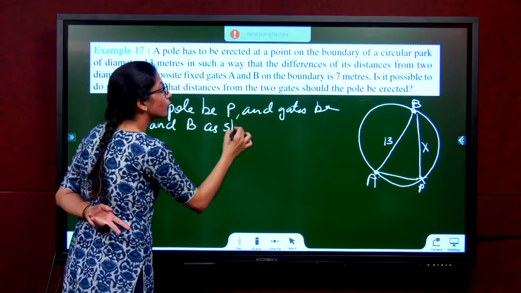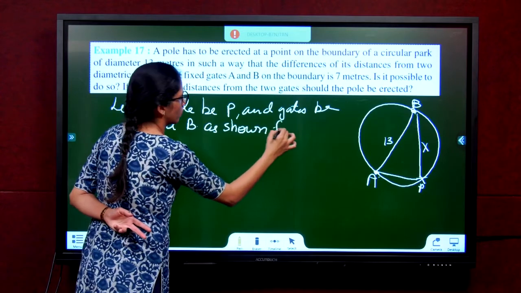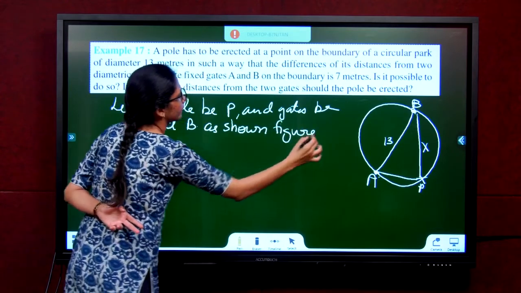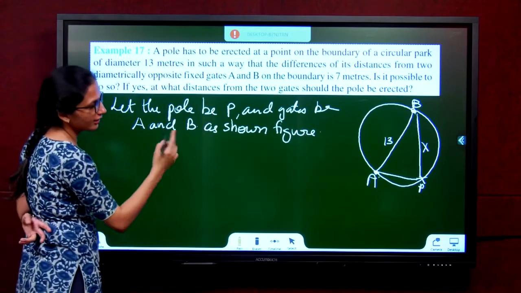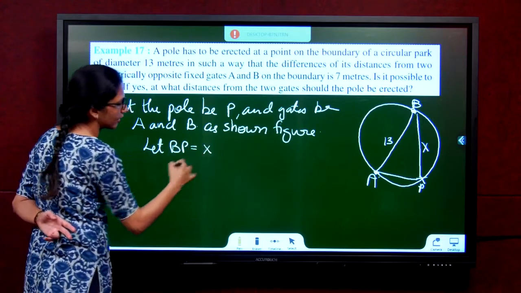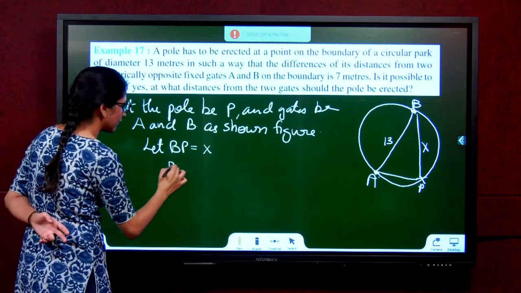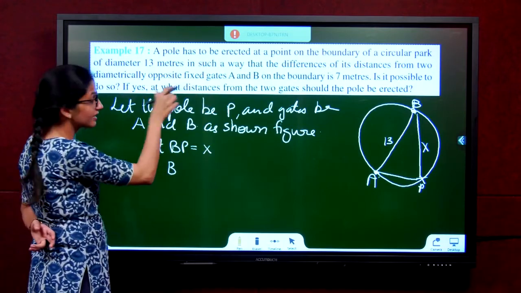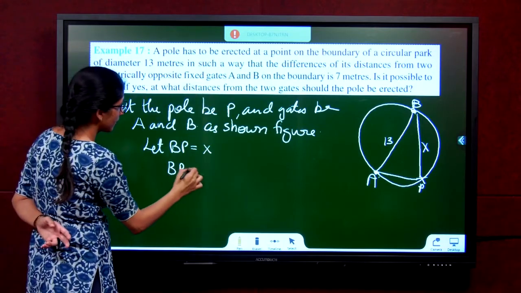You don't have to go in detail in explaining the figure now because you have followed the question. Now, I have taken BP as x. So let BP be equal to x. The difference between the distances of the gates is BP minus AP.